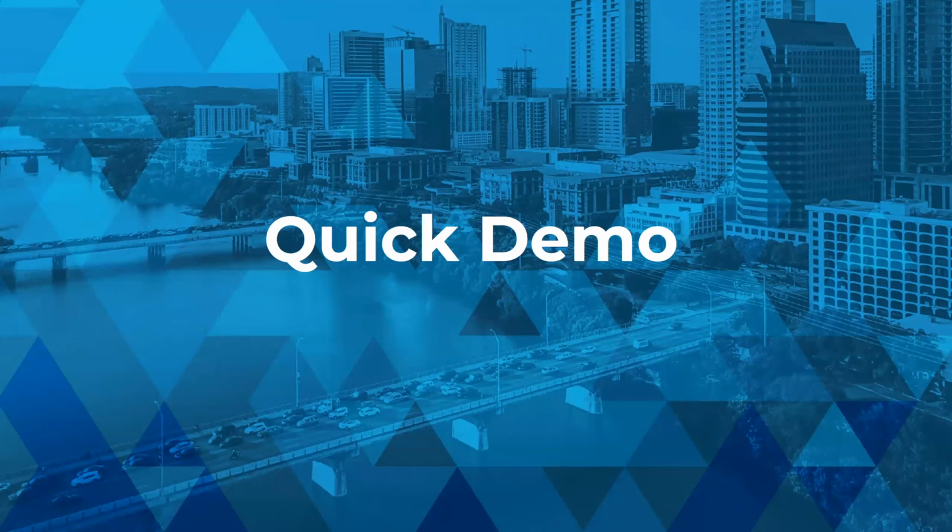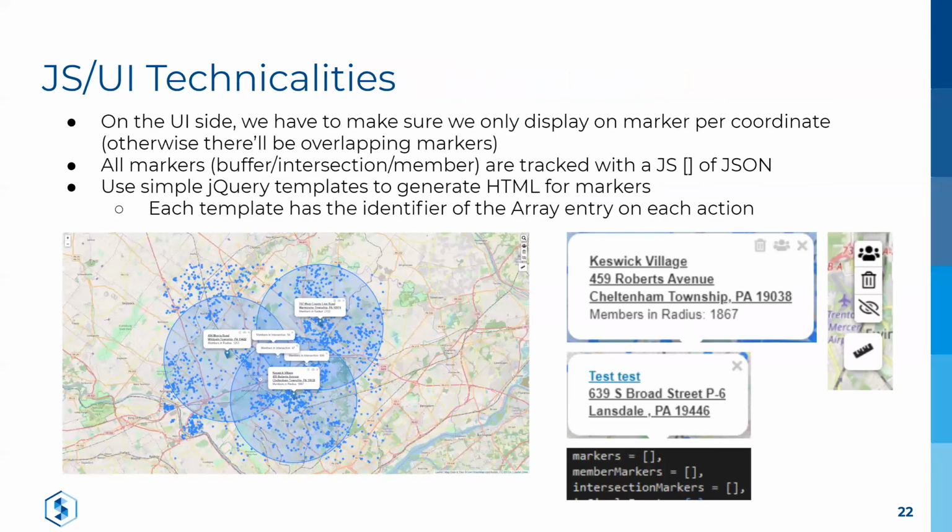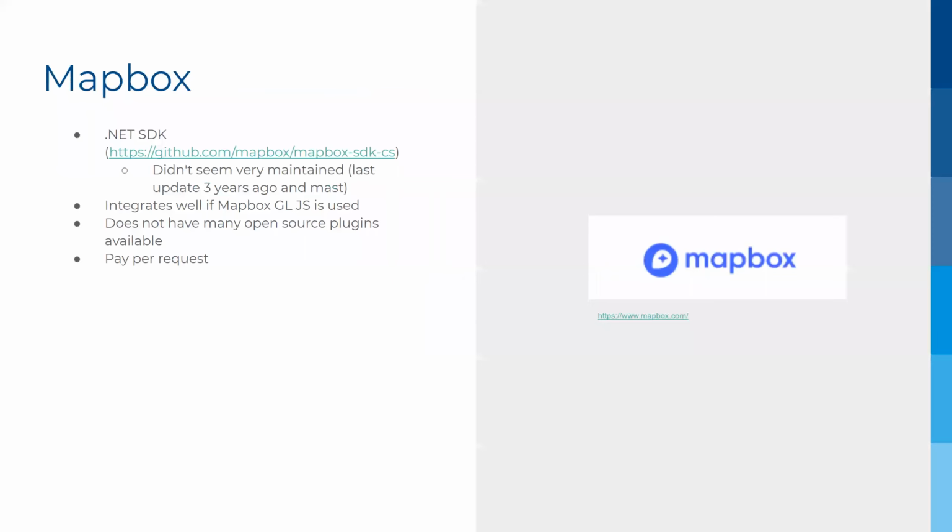Anything else? All right. Hey, Johnny. Oh, sorry. Yeah, this is Eduardo, by the way. When you were mentioning the three options you chose for the tile providers, I think the second one was OpenStreetMap, right?